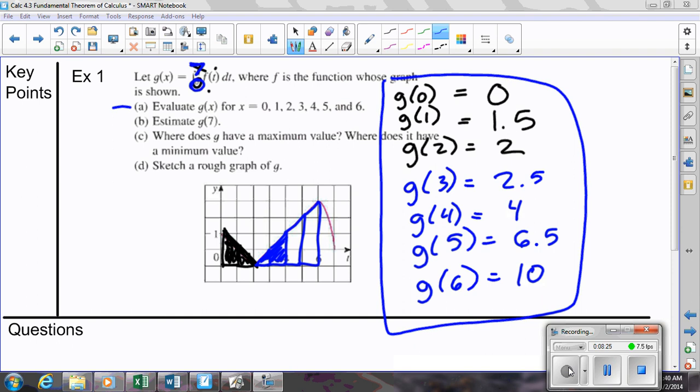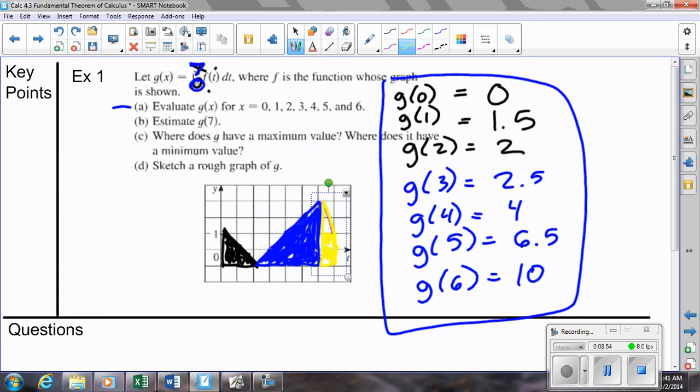So we know these pieces that we've already done just by using area of triangles, we know that it's a total of 10. G of 7 then is going to say add on this much more. So estimate how much area does that look like. Okay, I'm looking at this and saying that's really close to 1. This looks really close to 1 when you combine those two pieces.